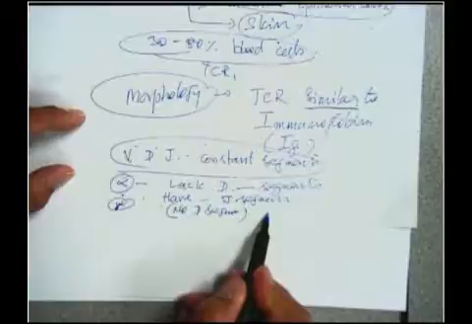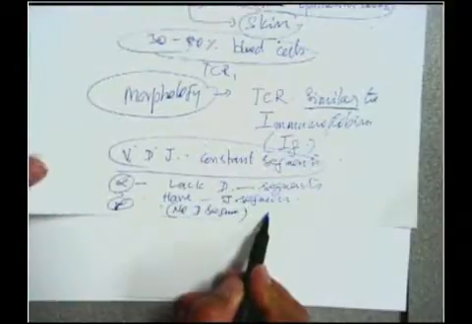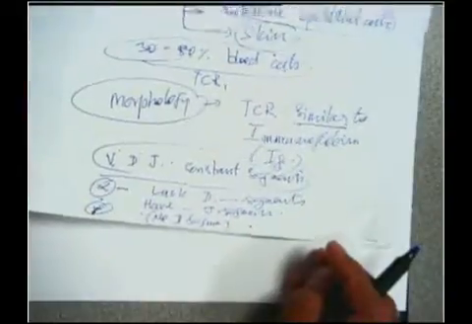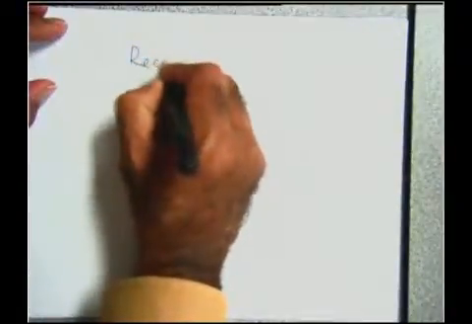Now they complex with CD3. What is CD3? We will see the complementarity determining sites, which are for the recognition of the antigen.